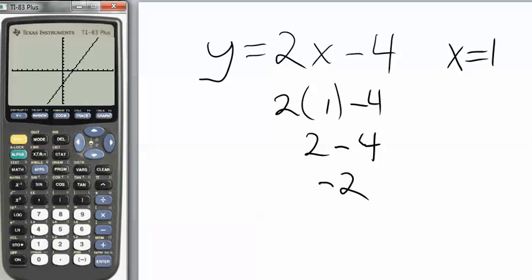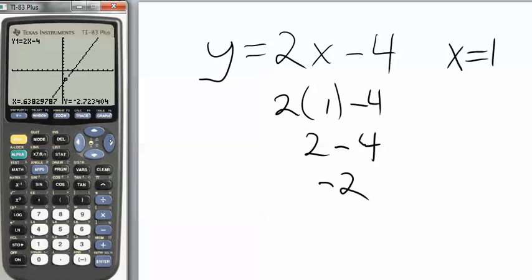So we could use this to find out what it is. If x is 1, right here, what is y? Well, it's down here somewhere, and we already know that it's negative 2, but it's kind of hard to tell on the graph. So that's not always necessarily the best way to do it. What we can do is go into trace, and you just hit that trace button, and it tells you what y is at the different places where x is.